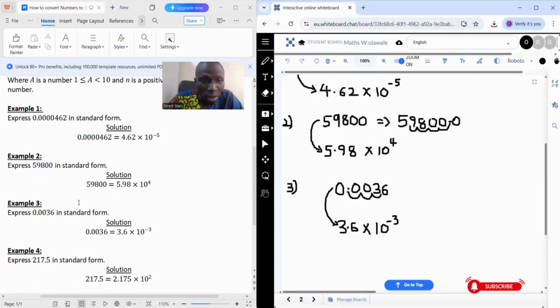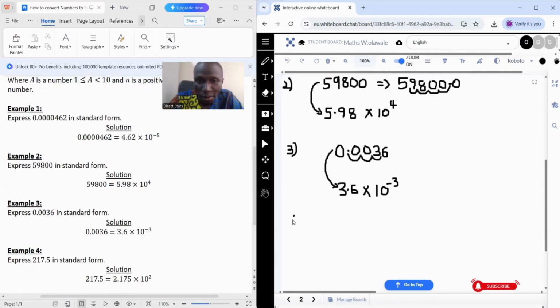The last example I'll be looking at, we are asked to express 217.5 in standard form. The first thing I'm doing here is to bring out the first number.